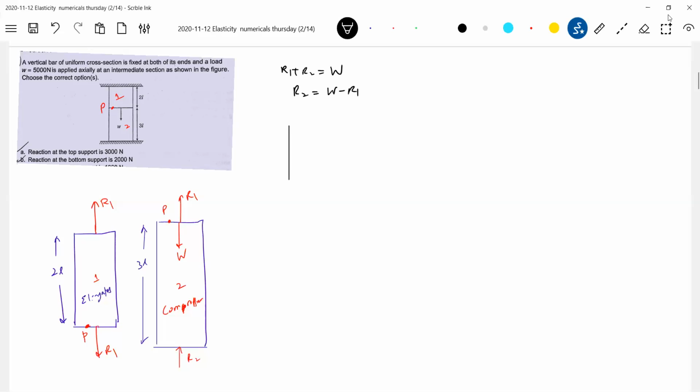All together, the force acting on section 2 will be W minus R1 downward. R2 will be upward, so W minus R1 should be equal to R2. So this is in compression state.